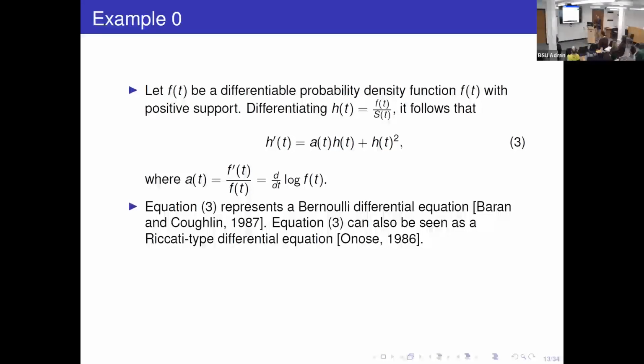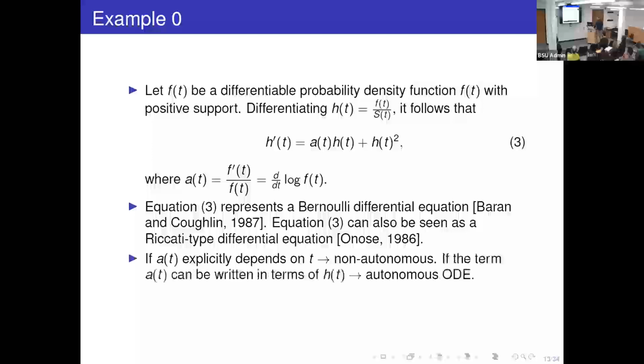This was almost simultaneously proposed by two papers in 1896 and 1987, where they found that this ODE is a Bernoulli type differential equation or a Riccati type differential equation. This is just the way that you write down the differential equation. Something that they didn't notice is that if the term A depends on T, what you have is what is called a non-autonomous ODE, because now it depends on H and depends explicitly on T.